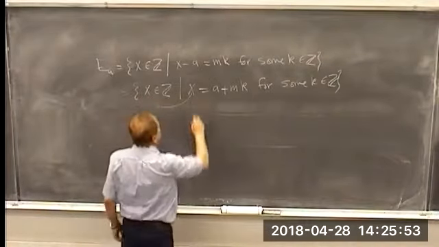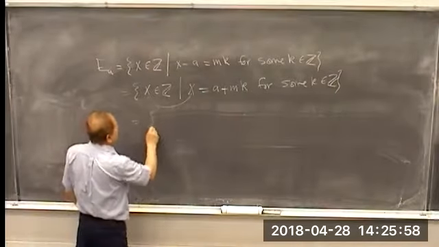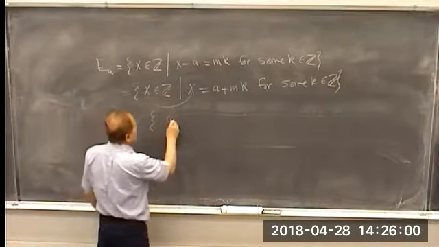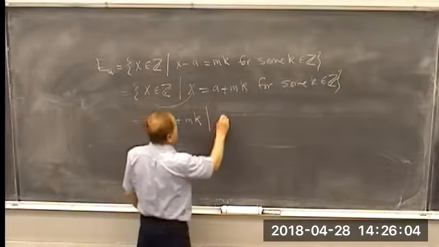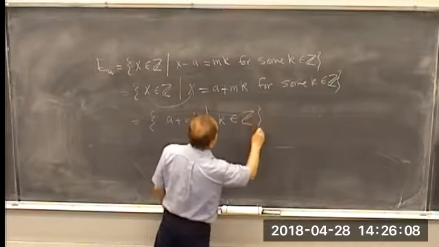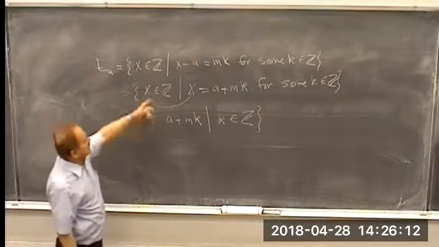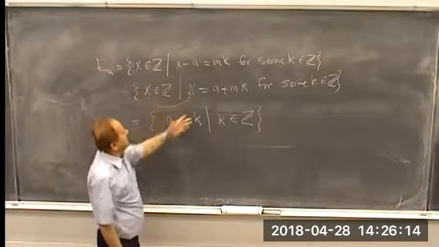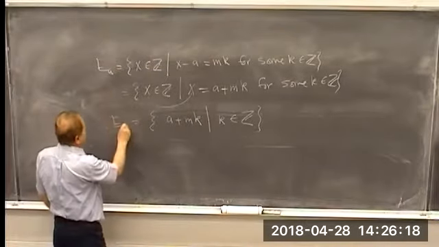This set is the same as A plus Mk such that k belongs to Z. If I consider all possible k's, each one gives me a different x, and this is what E sub A is.